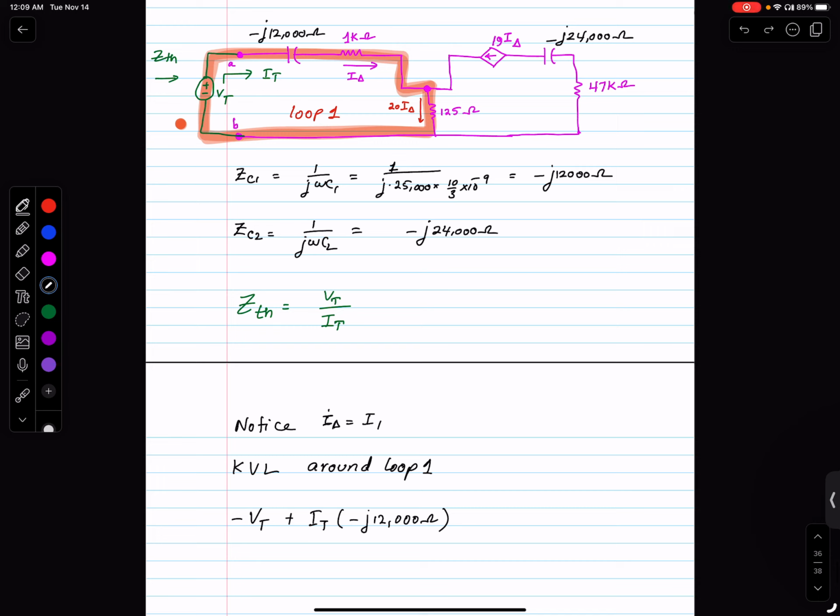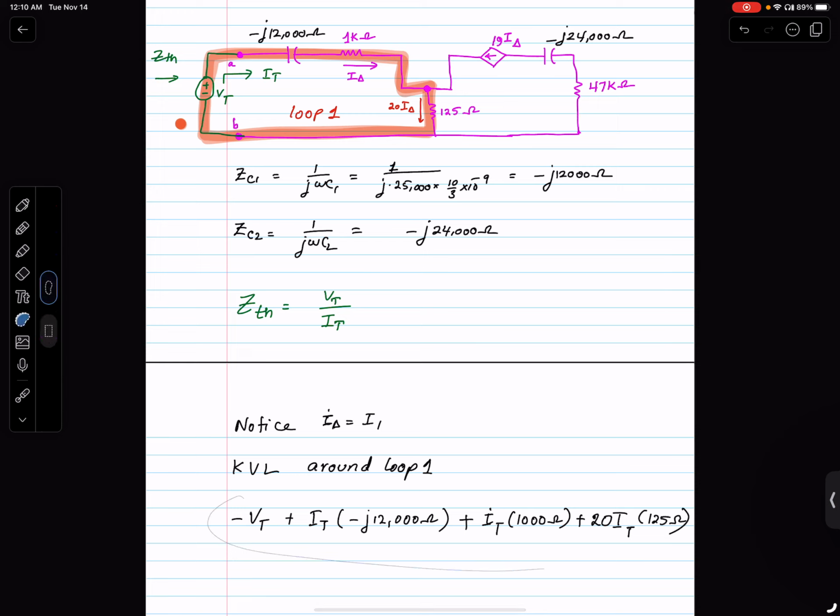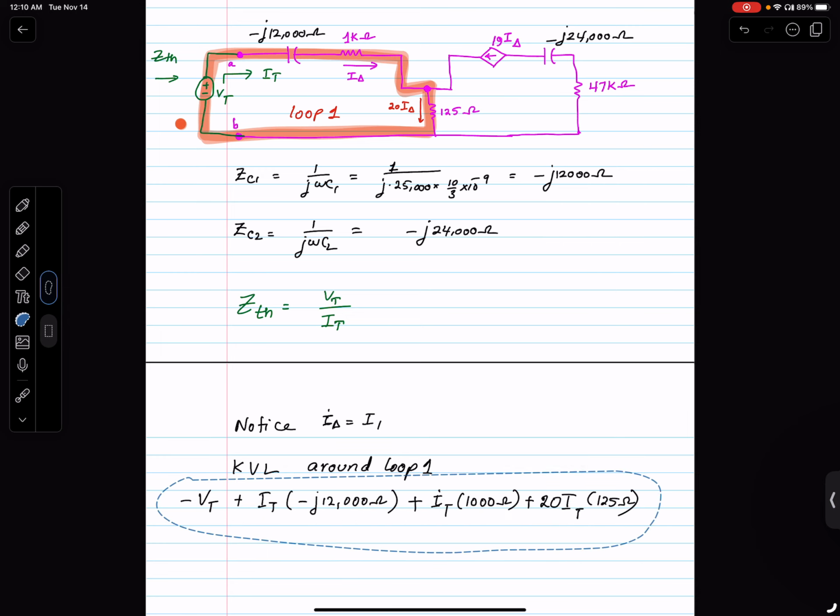Plus I test, which is the same as I delta, into 1 kilo ohms, plus the last component is this guy, plus 20 I test, which is the same as I delta, times 125 ohms. Now, according to KVL, the sum of voltage drops around this loop should equal 0.